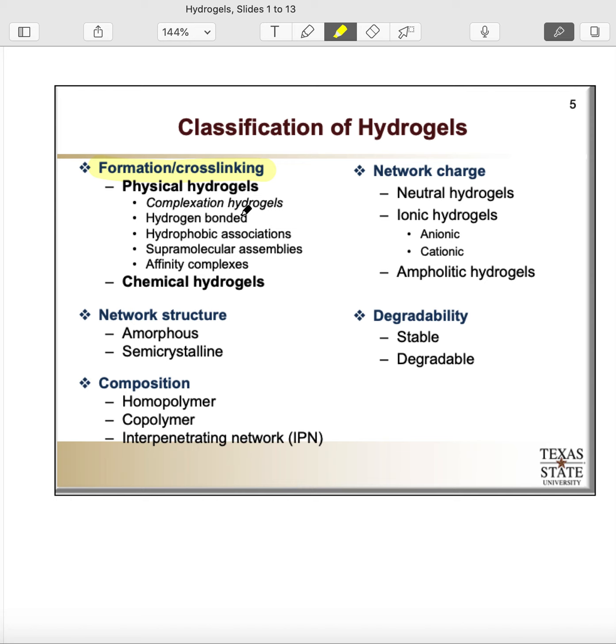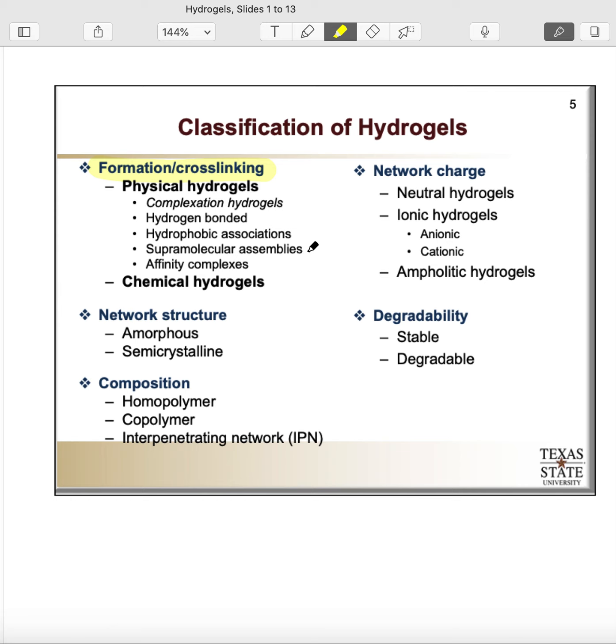For example, you could have a DNA cross-linked hydrogel where hydrogen bonding between base pairs is what keeps those chains together. You could also have hydrogels that are being held together through hydrophobic associations. For example, crystallite formation between hydrophobic chains would be an example of that. You could have hydrogels that are being held by supramolecular assemblies, and we will be talking about those in a second.